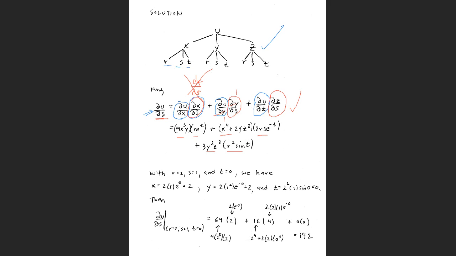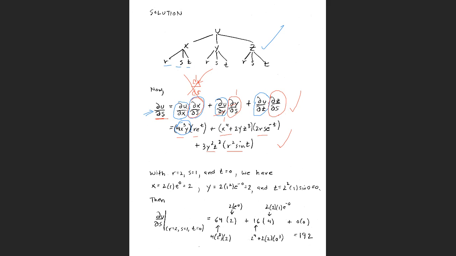And keep in mind, now I want to find this partial derivative of u with respect to s when r equals 2, s equals 1, and t equals 0. Now, you know what sometimes I've seen students do? They get to this step, and they substitute in for like 4x cubed y.